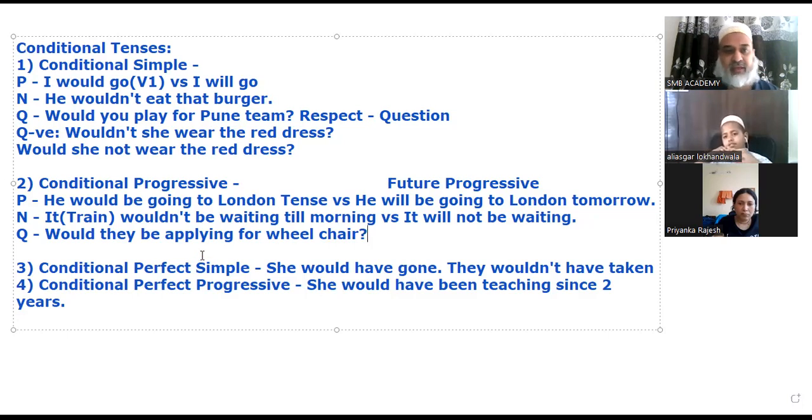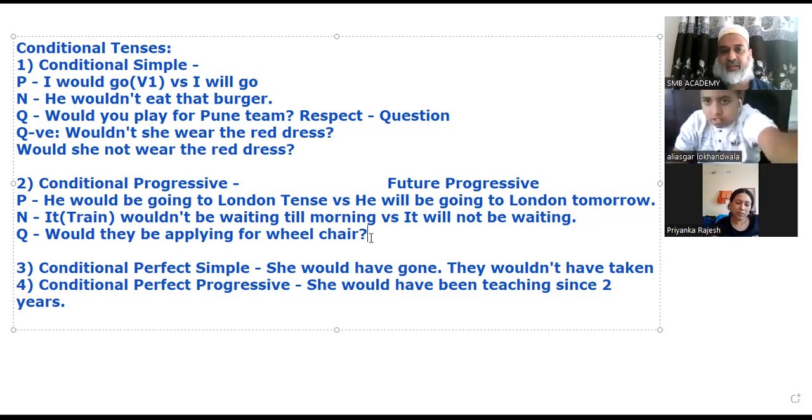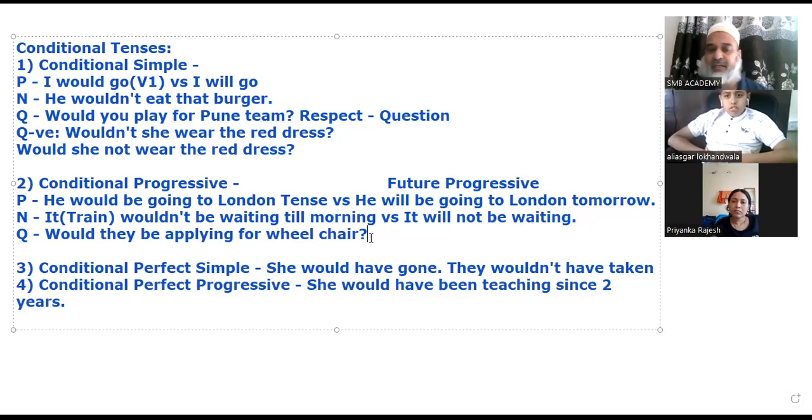Would they be applying for wheelchair? यानी क्या? शायद उनके घर में they have someone like aged guy or a person and they want to apply for a wheelchair for the tour or for the ceremony. So that's why we are asking, would they be applying for wheelchair? क्या वो wheelchair के लिए apply करेंगे?